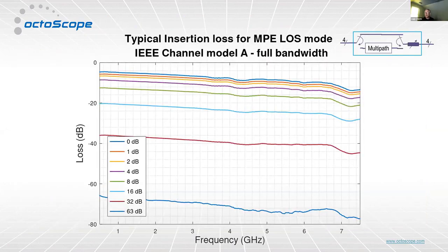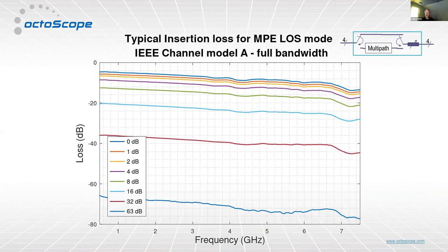We have multipath emulators. As I mentioned, this was the topic of our very first seminar. And if we take a multipath emulator and just put it in the link, not even using it to emulate multipath, just having it in there, switched to what we call our line of sight mode.